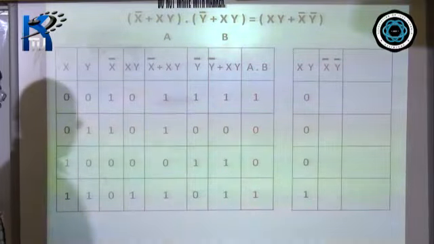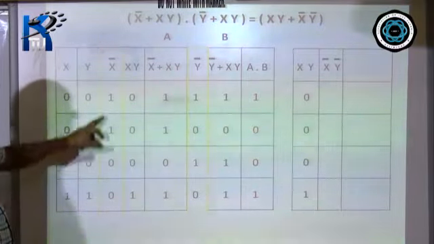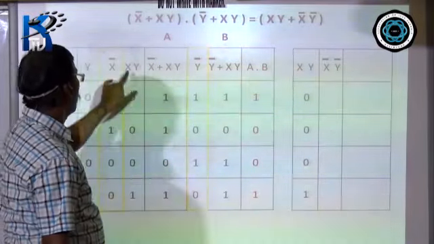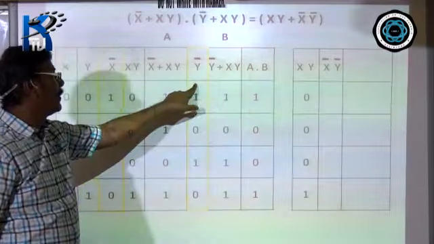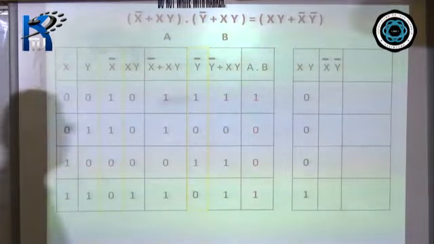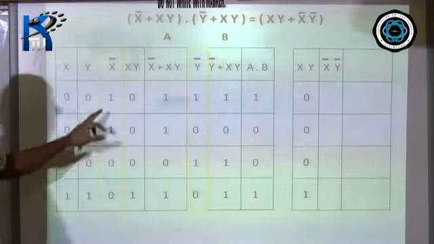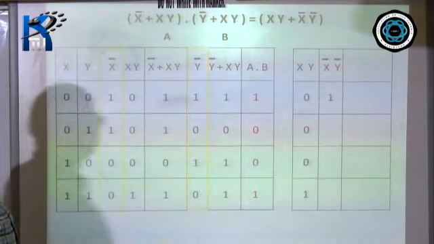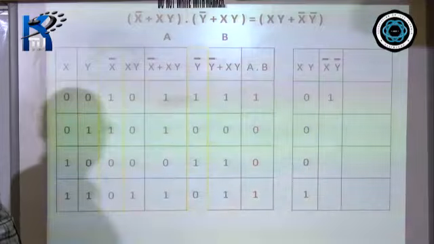Fine. Where is x complement? X complement is this column, y complement is this column. So between these two we will use the AND gate. So first one is 1 and 1. So x complement y complement is 1.